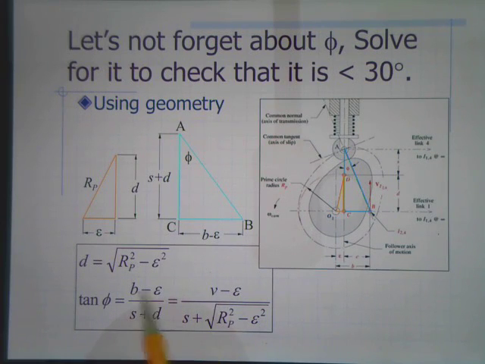And in the numerator, this B, remember from the previous slide, was equal to V, so we have V minus epsilon. So here's our pressure angle. The tangent of our pressure angle is equal to our velocity, again something like inches per radian, minus epsilon divided by s, which is a position, plus another distance. Okay, and so our units are okay. We have something like inches divided by inches, and so that's great for our units.